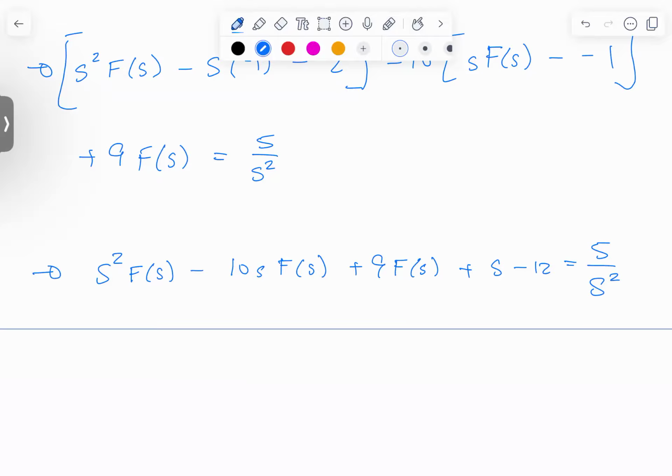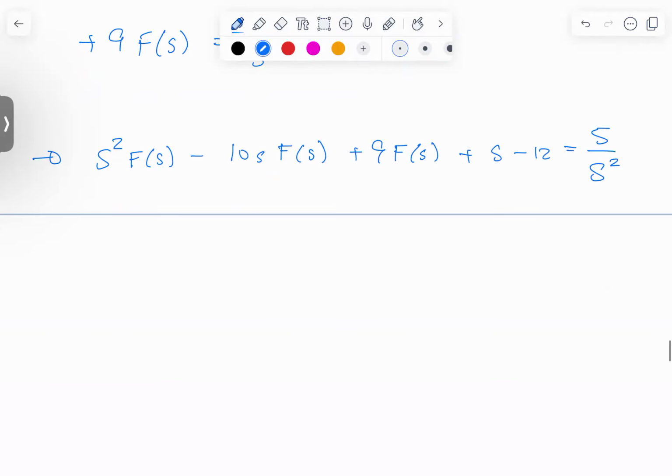In order to do that, let's separate out and get this in terms of F of s. So basically, all we have to do is factor F of s out of this piece here.